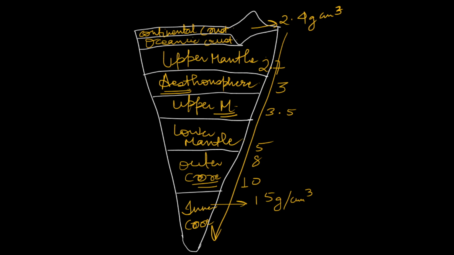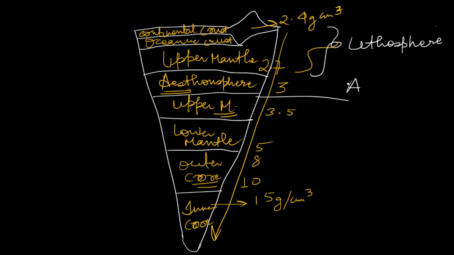Now there are certain parts. Till upper mantle it is known as lithosphere. As you go below lower mantle, this is asthenosphere, obviously asthenosphere. Then this is mesosphere.